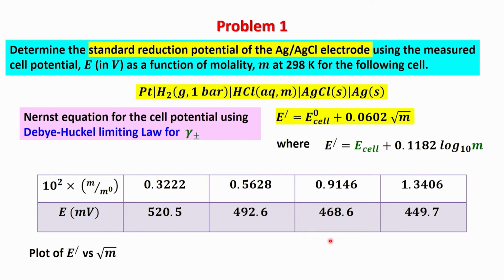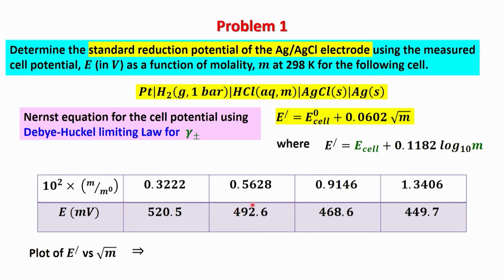So, you can either carry out this plotting on a graph paper, or you can use the method of least square fitting, and then you can show that the slope of the straight line in this particular case is equal to 0.0602 and the intercept is going to be E naught cell.